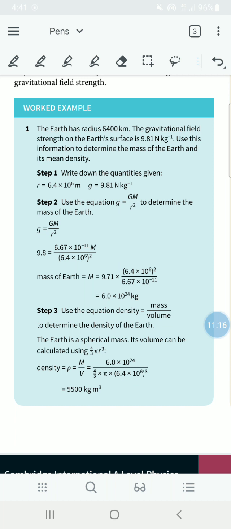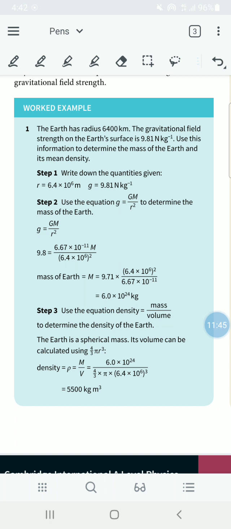So let's use the equations we know. Before that, like I have told you in earlier videos, you have to write down the quantities that you know. So r is 6.4 × 10^6 meters, and g is 9.81 newtons per kilogram.